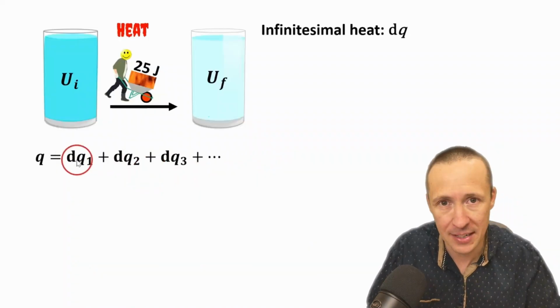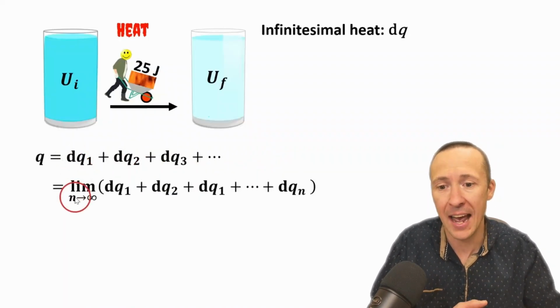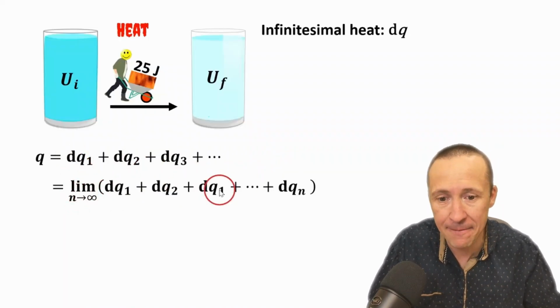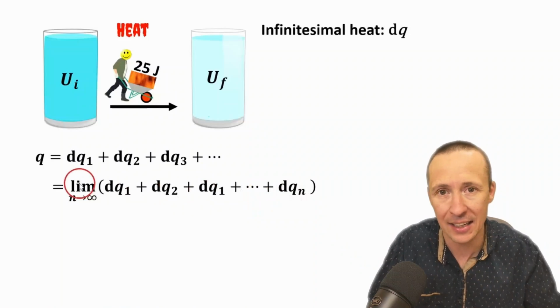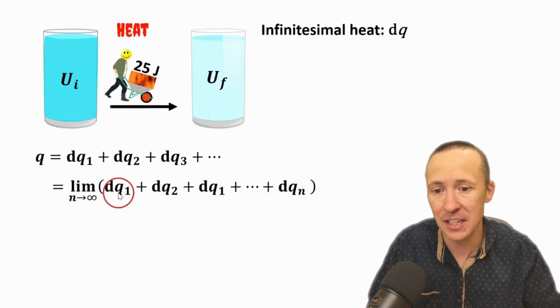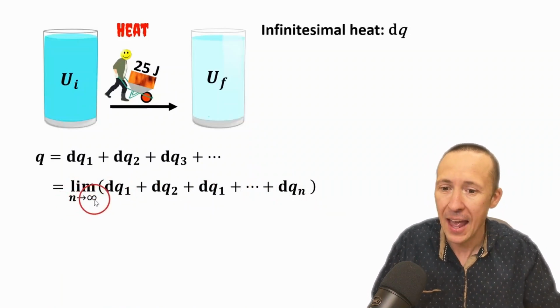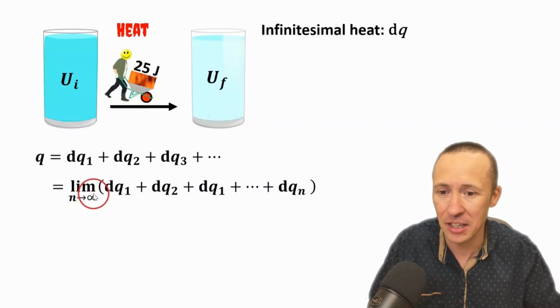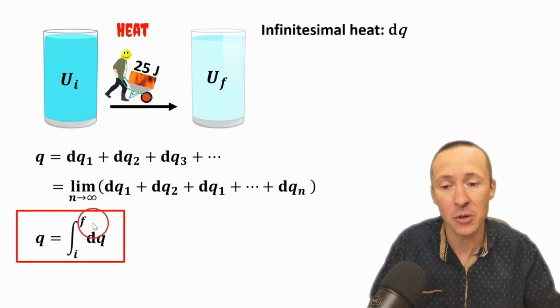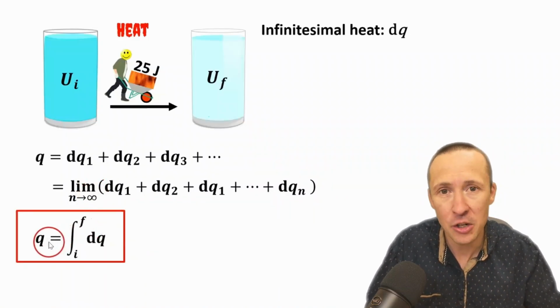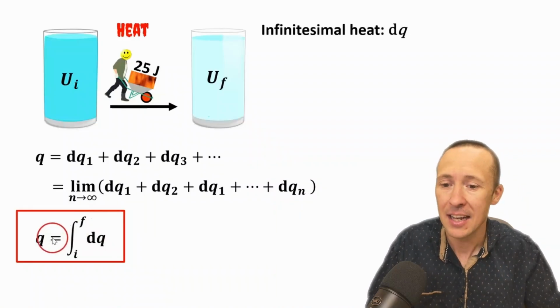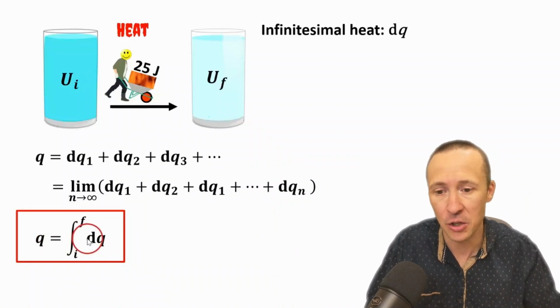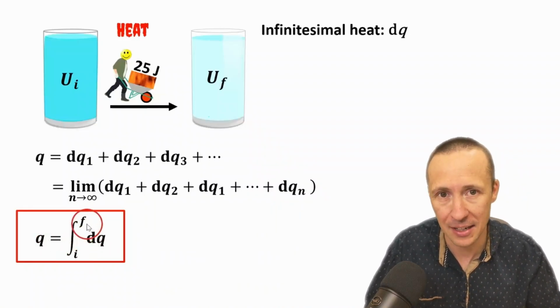Now, these are infinitesimally small, so really to add them all up, we need to add an infinite number of ones. So we need to take a limit as the number of dq's goes to infinity. And this limit definition, we can turn this into an integral, where q, the energy transferred as heat, is equal to the integral of dq from the initial to the final state.